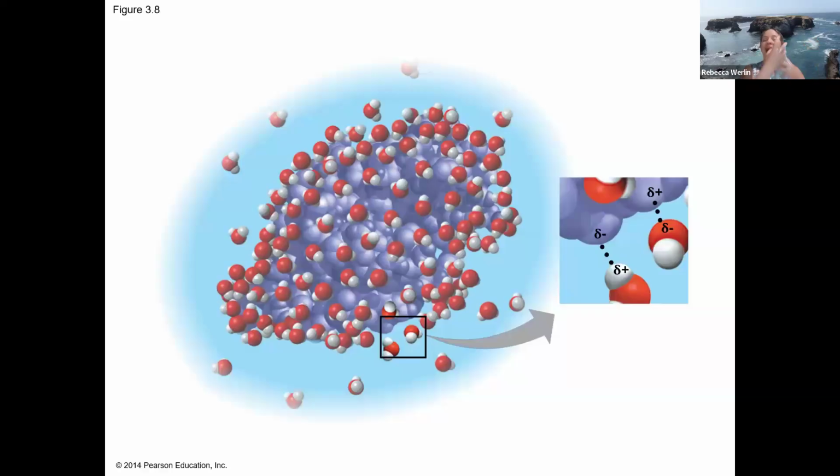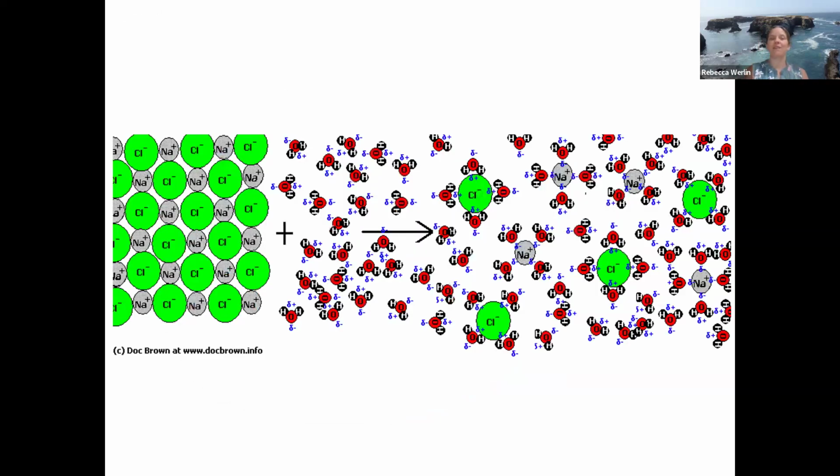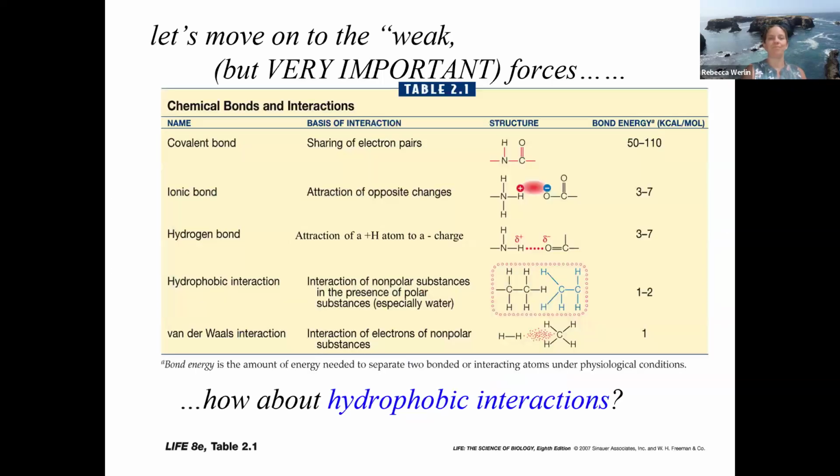Water molecules will actively pull away anything that has a charge, positive to negative and negative to positive. And so here's another view of the salt crystal dissolving into water. And again, you can see those partially negatively charged oxygens will face in towards positively charged sodiums, and the partially positively charged hydrogens will face in towards that negatively charged chloride ion.